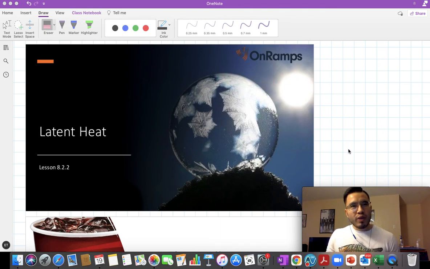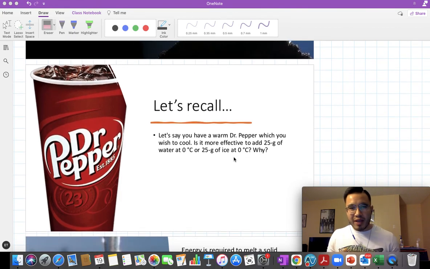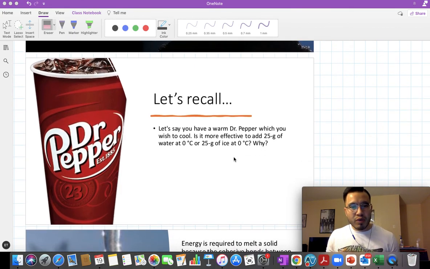Okay, so we talked about latent heat indirectly and we didn't mention it explicitly when we had this entrance ticket, the warm-up, I'm sorry. I think it was last week. We discussed what was the most effective way to cool a warm Dr. Pepper: 25 grams of water at 0 degrees or 25 grams of ice at 0 degrees.